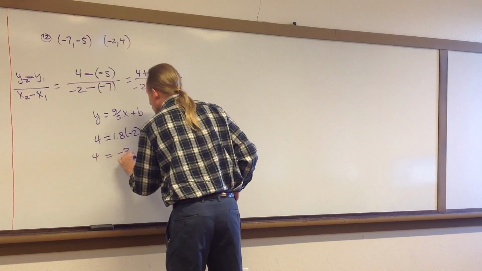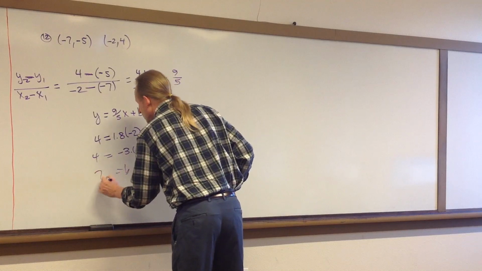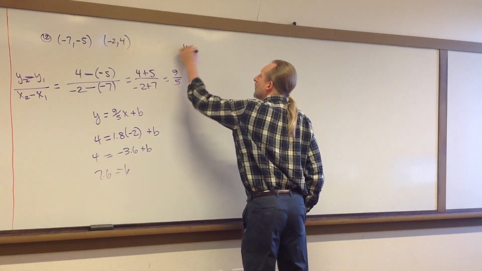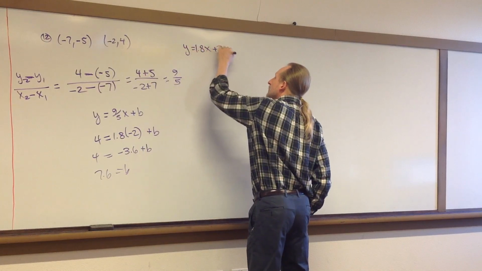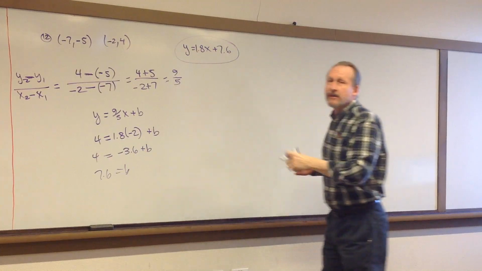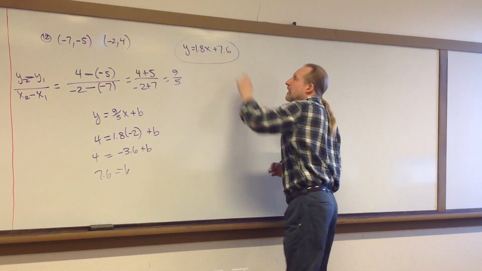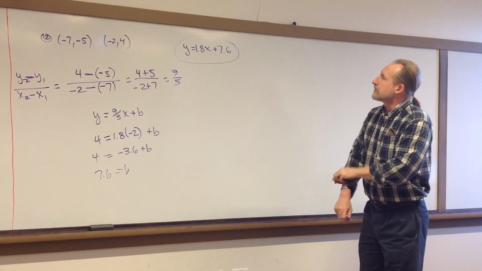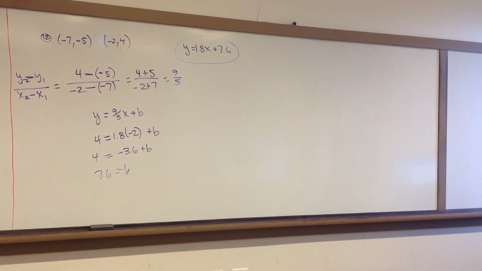So 4 is going to be -3.6 plus b, and so b is going to be 7.6. So the equation we're looking for, y equals 1.8x plus 7.6. And there we go. And again, you can use fractions to represent these numbers right here. Whatever works, just so long as it's the correct number. All right, so that's problem 12.